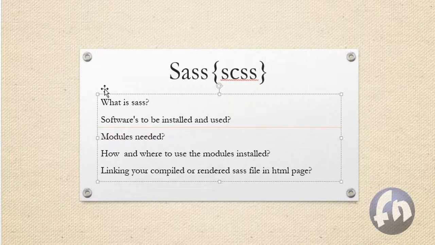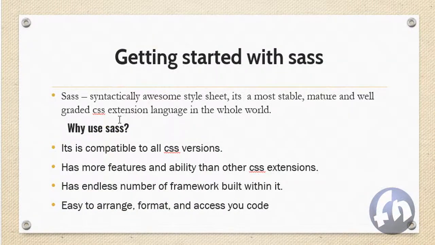So guys, I know you're wondering what Sass is. Sass is an abbreviation of Syntactically Awesome Style Sheets, and it's used worldwide because it's the most stable, mature, well-graded CSS extension language in the whole world.